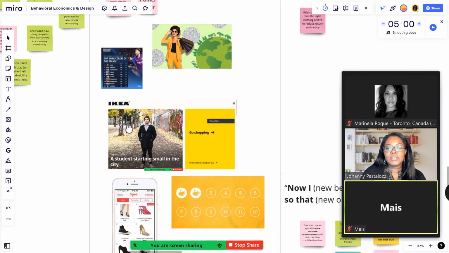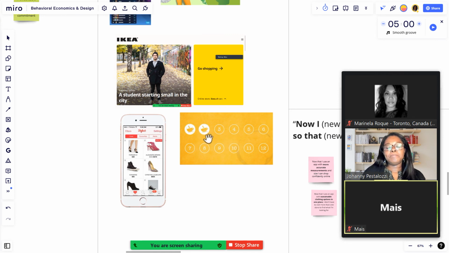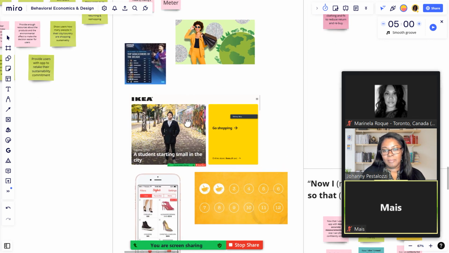Then also this progress gradient that we can show users where they are in their path, very similar to the dashboard you were mentioning. And then give names that can inspire them towards this path they're taking to be more sustainable.